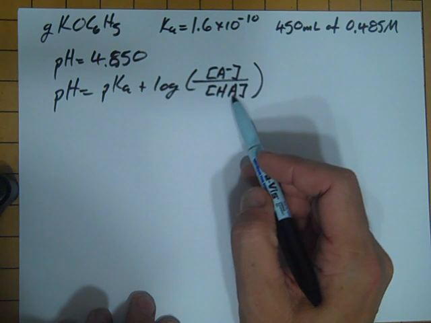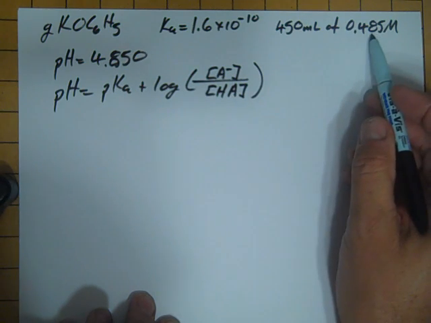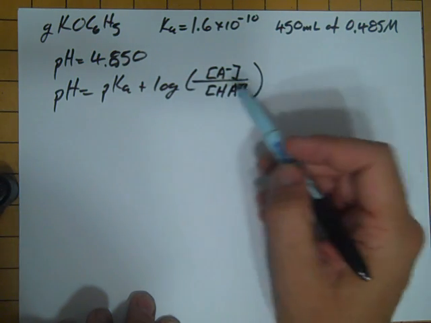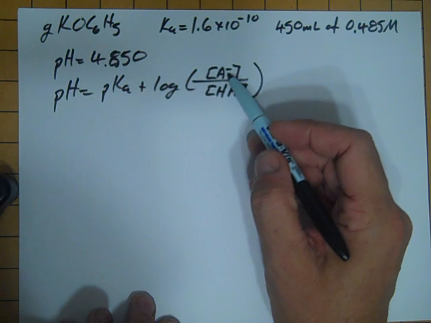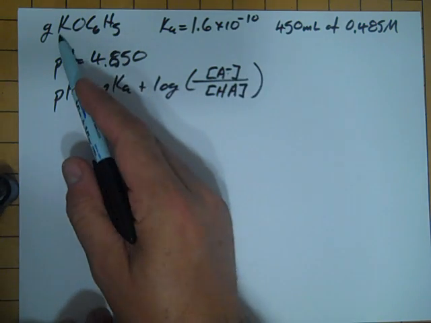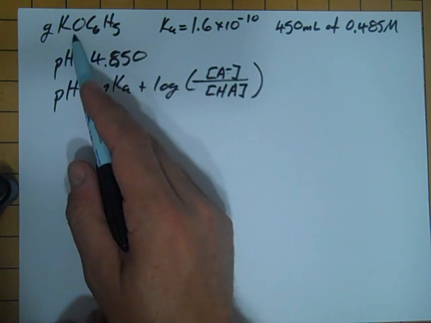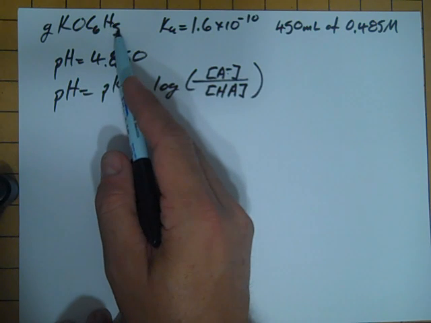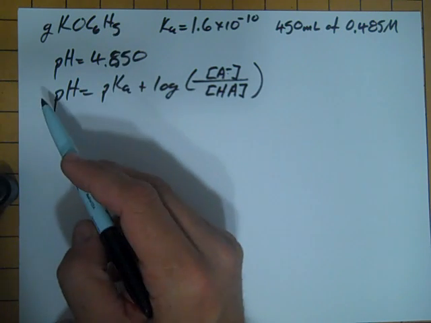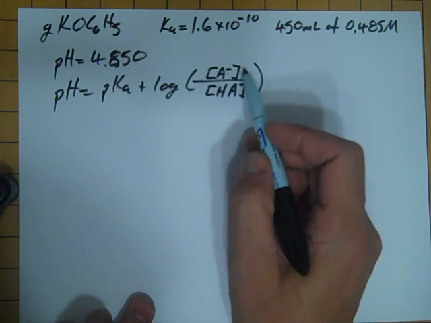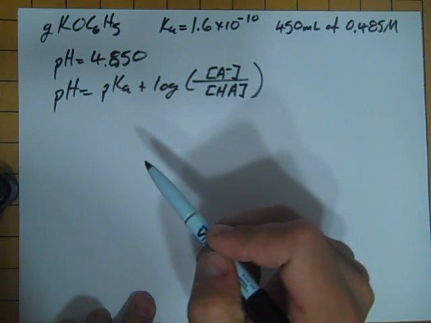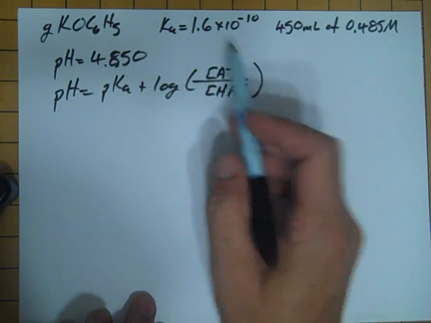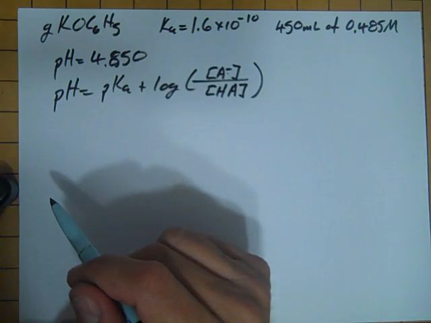I have concentration of HA because it was given to me also. If I could find the concentration of the A minus, the only other source for A minus is going to be potassium phenol. The A minus is this, OC6H5. Right? So if I find this, I then have a way to find the grams of that.